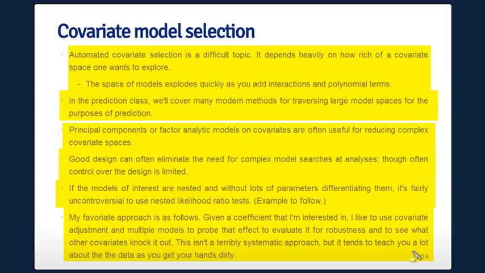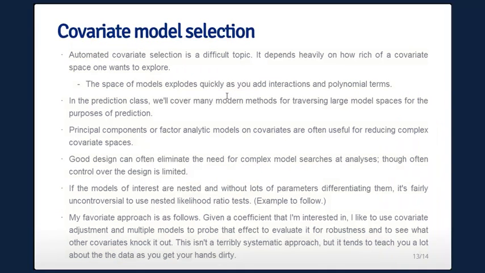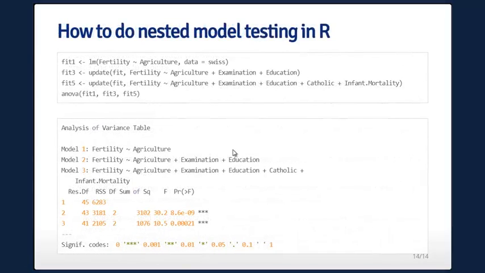It's an approach of tinkering around with the models and seeing how robust the effect is to other variables included or excluded. That's kind of a non-systematic process, but I feel like when you do that, you learn a lot about the data, and that's why I like it. It's completely non-automated, but I do like to think about things that way. It would not work for things like prediction, but it does work extremely well for trying scientific discovery.